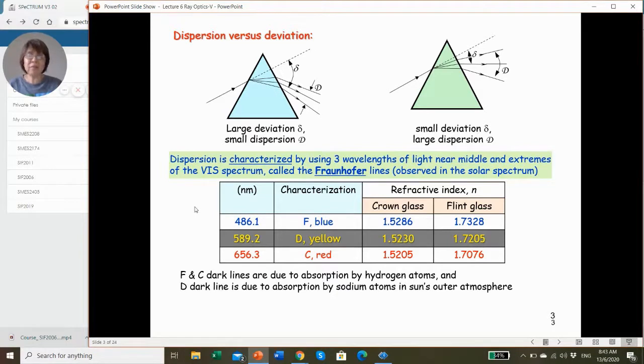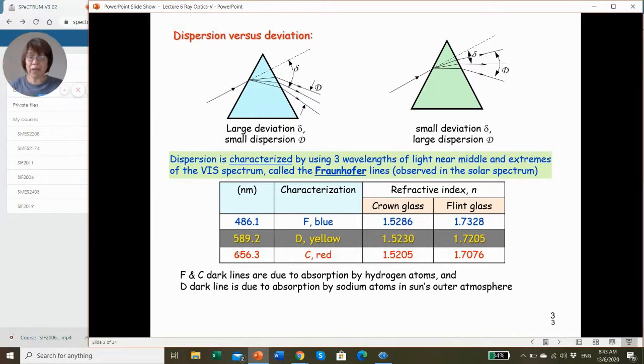These three wavelengths are given by 486.1 nanometer, which is characterized as the F dark line and is blue colored. Then we have the mid wavelength, which is 589.2 nanometer, and that's the dark line due to absorption by sodium atoms in the sun's outer atmosphere.